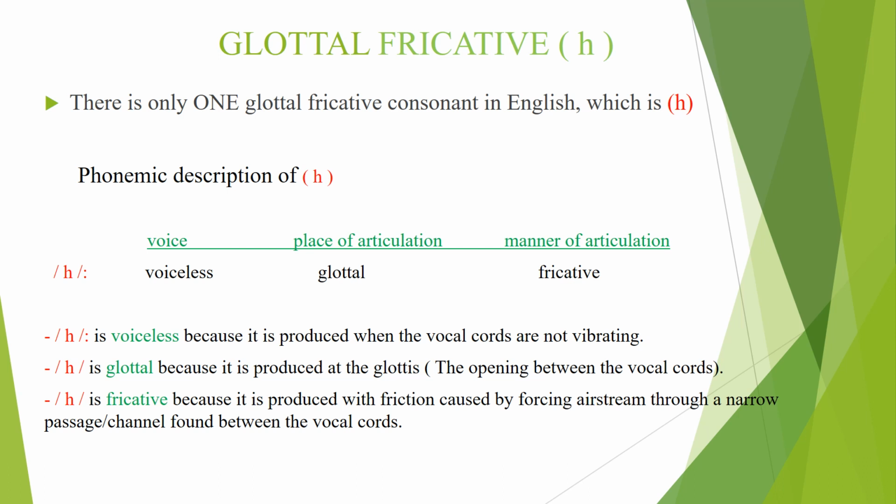H is glottal because it is produced at the glottis, which is the opening between the vocal cords. H is fricative because it is produced with friction caused by forcing airstream through the narrow passage found between the vocal cords.